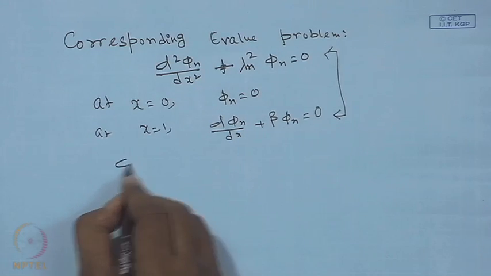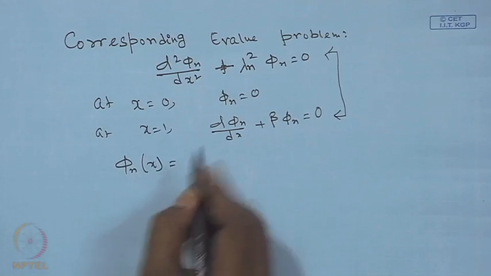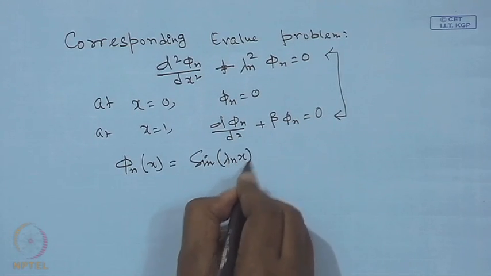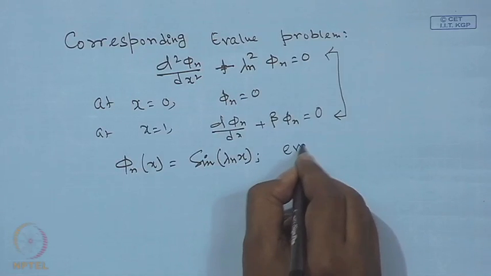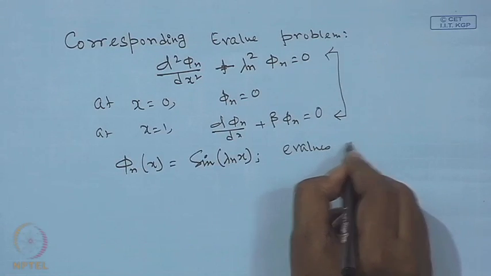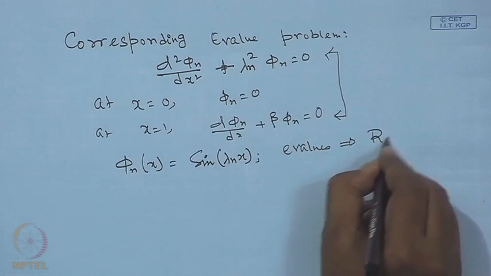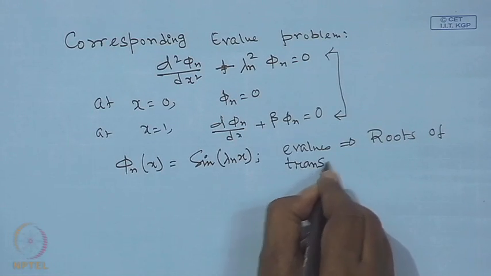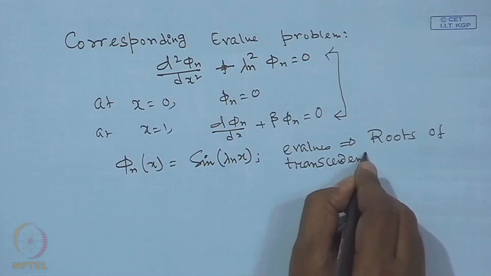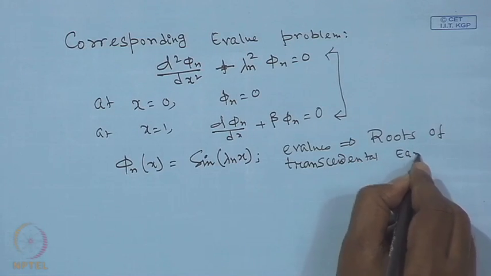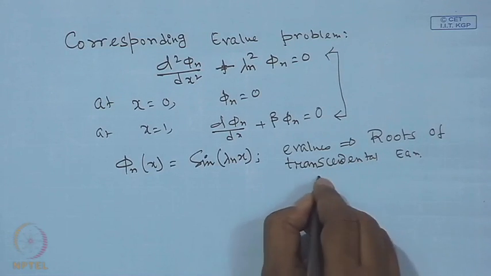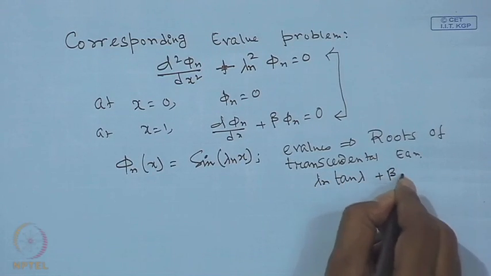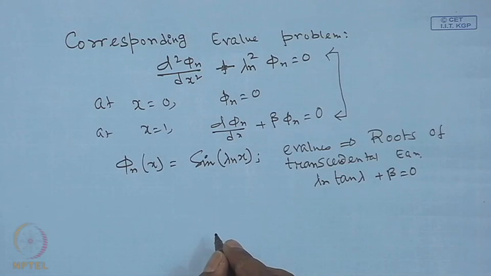If you remember, the eigenfunctions are sine functions in this case as well, sin(λn x), and the eigenvalues λn are basically roots of the transcendental equation, that is λn cot λn + β = 0.